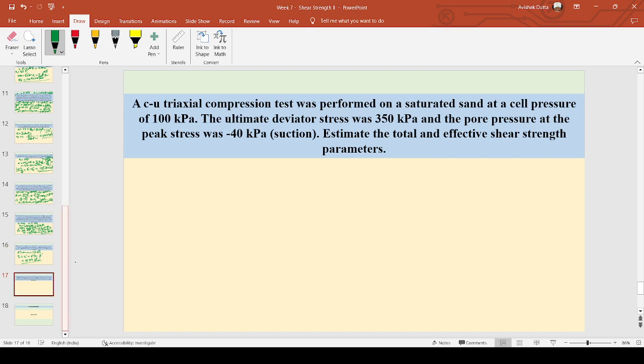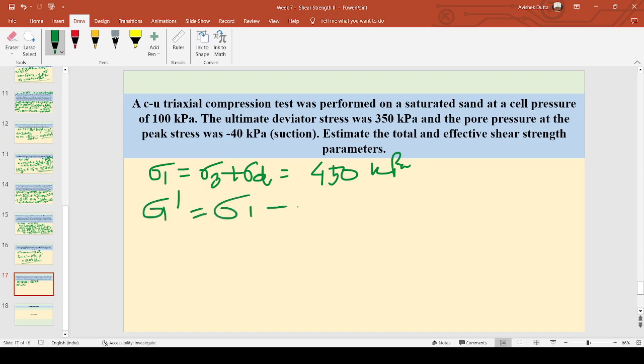Here we can find out the value of sigma 1 first using sigma 3 plus sigma d, that is 100 plus 350, equals 450 kilopascal. Now, what are the effective strength parameters? Effective sigma 1 equals sigma 1 minus u.